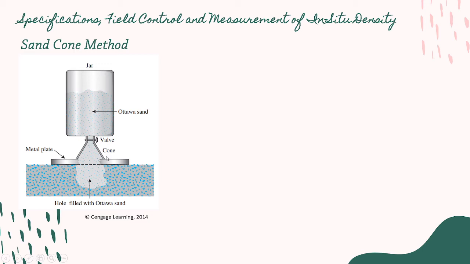And then we have the cone at the bottom, and then the metal plate at the base. So for the compacted soil, a hole is dug before placing this device, and then the valve can be opened so that the sand inside the jar can fill the hole.